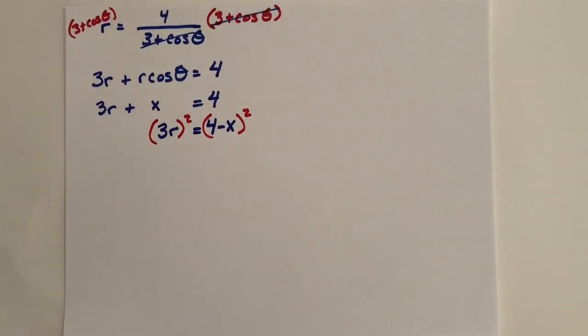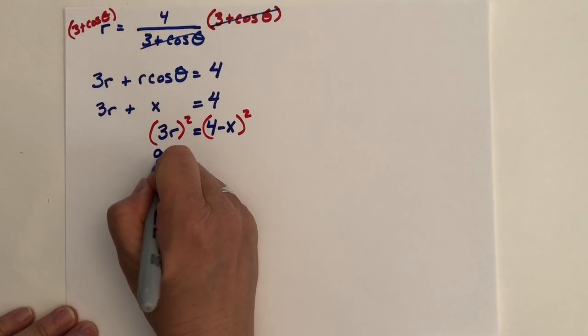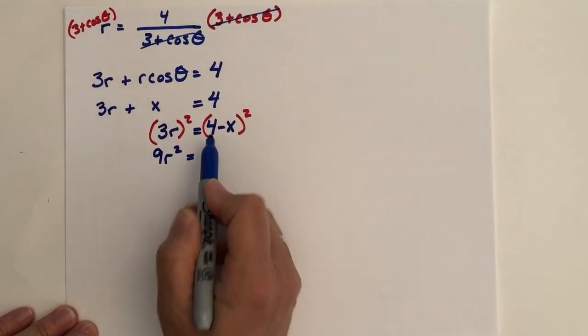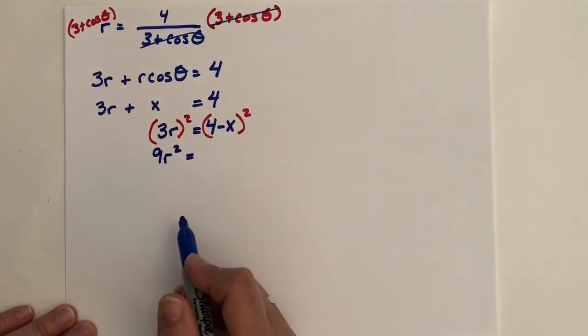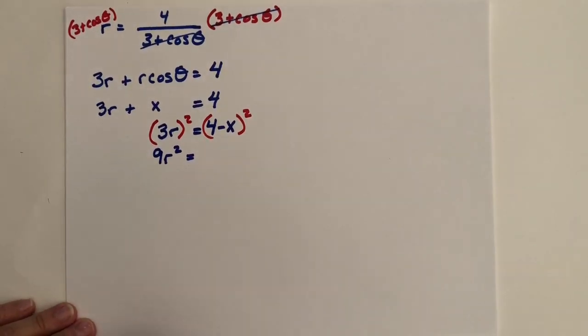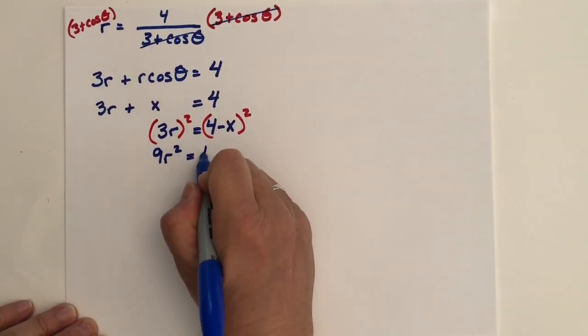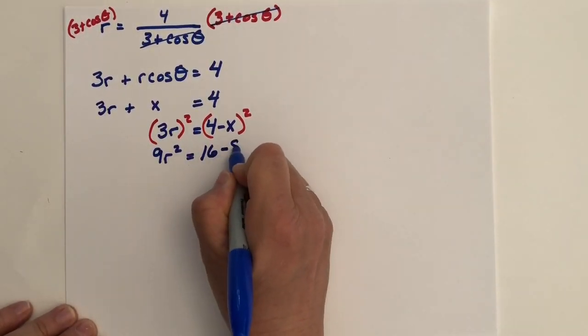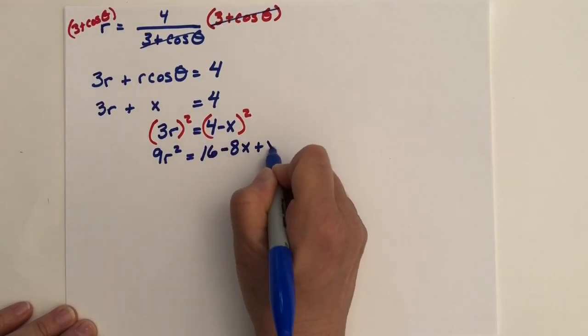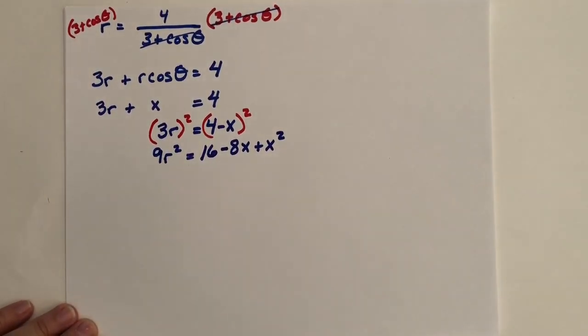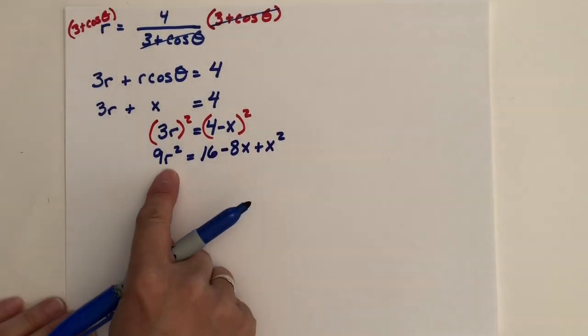So on the left-hand side, I have 9r squared. And on the right-hand side, again, I square my binomial, and I would get 16 minus 8x plus x squared. Let's make a substitution for that r squared.